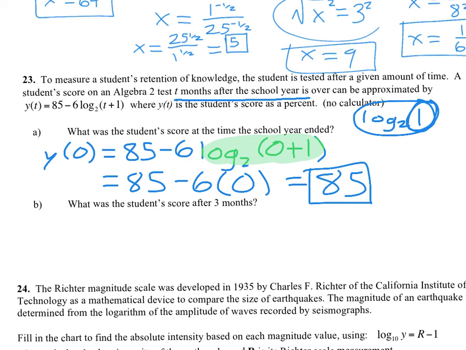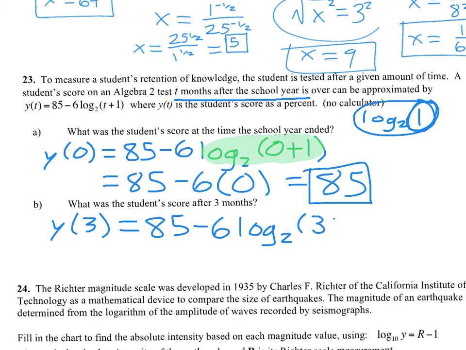Now, imagine you go home for the summer, don't do any math. What's your score going to be if you take that same test 3 months later? This time we're going to plug in 3 for T. Alright, what is the log asking?